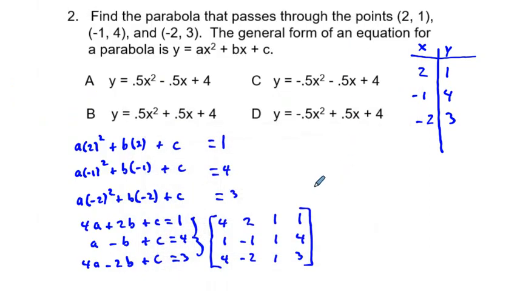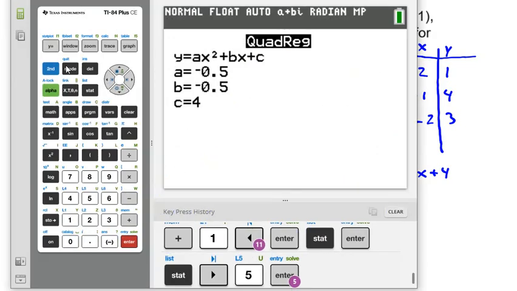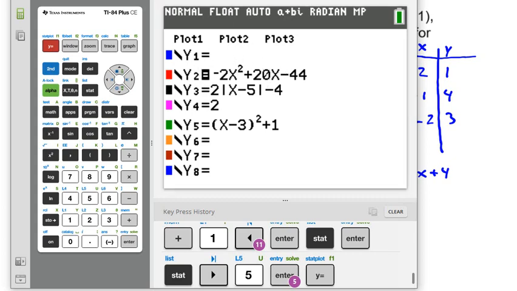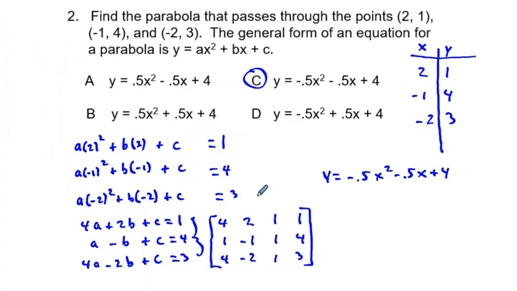So negative 0.5 x squared minus 0.5 x plus 4, and our answer for that is going to be C. But the easiest way to do this, and I suspect you may have a limited amount of time on a test, is maybe just going ahead and entering these in the function editor and checking them out to see which one is right. That might be the easiest way to do this problem.